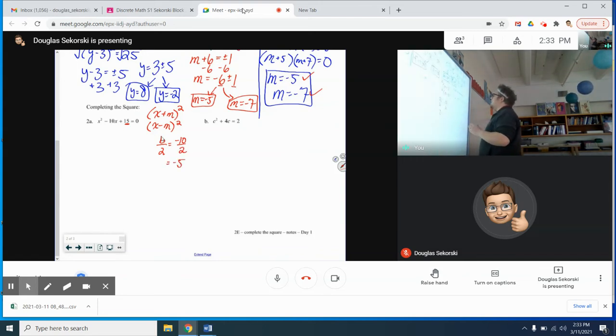So what this is really saying here is that on the second line of work, we want this to say x minus 5 squared equals something. And if you FOIL that out, you know that it's x squared minus 10x plus 25. So if we square this negative 5, that's where we get the 25 from.